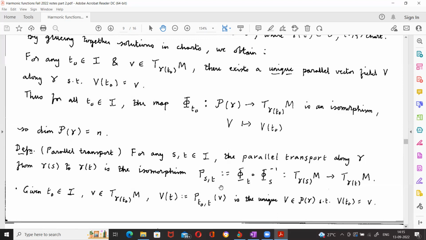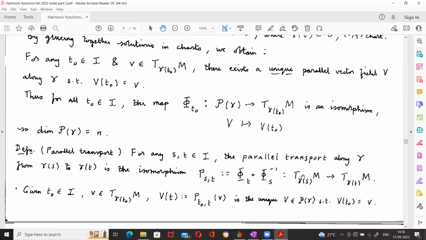For any s and t in the interval I, the parallel transport along gamma from gamma(s) to gamma(t) is the isomorphism P sub s,t, which is phi_t composed with phi_s inverse. So phi_s inverse goes from the tangent space at gamma(s) back to the space of parallel vector fields, and then phi_t goes from the space of parallel vector fields to the tangent space at gamma(t).